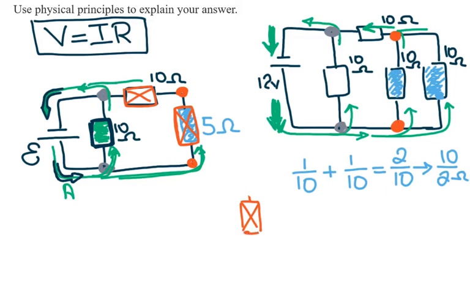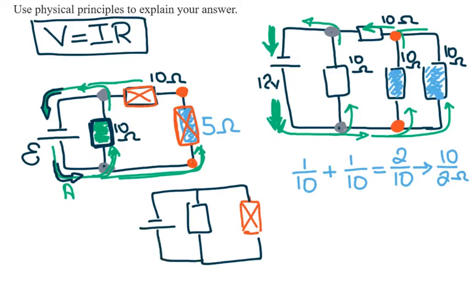So I have this resistor, and then I have another resistor that I made green now. And again, the longer side of the battery is positive and the shorter side is negative. And here is my green resistor.